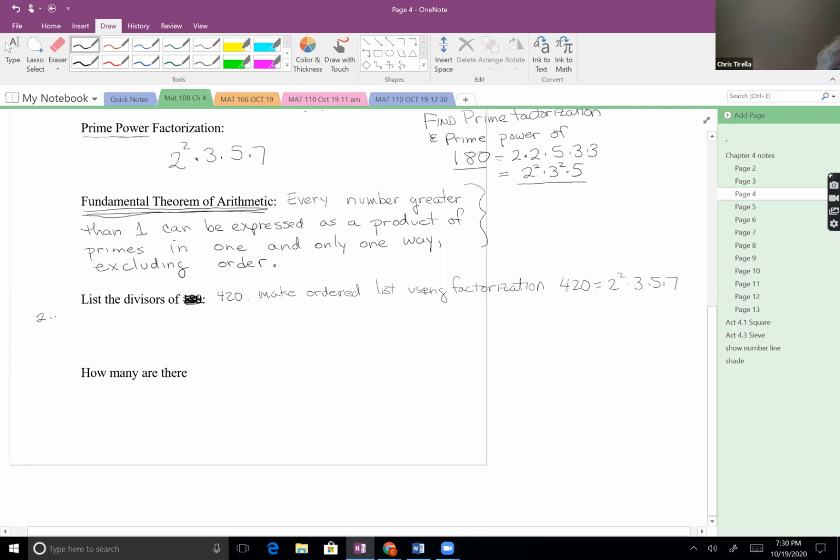So first, I'm going to write those factors, 2, 3, 5, 7. And first, I'm going to look at each of them having an exponent of 0, which would give me 1.